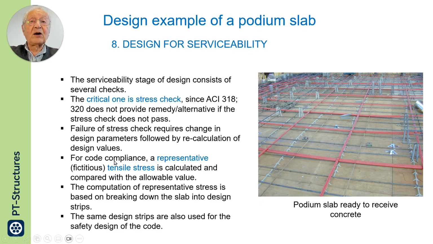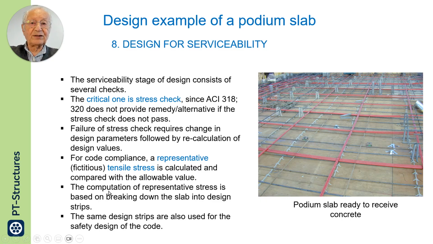For code compliance, a representative, which is sometimes called fictitious, tensile stress is calculated and compared with the allowable value. You calculate a number which is representative of a region, and you check that with the code.